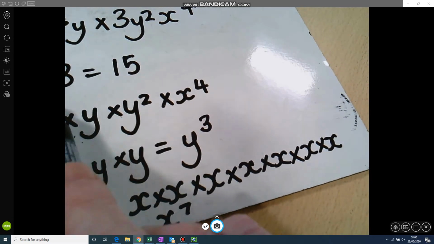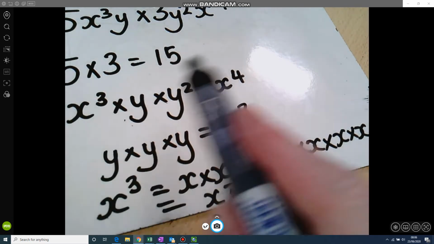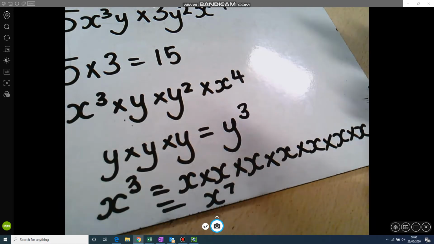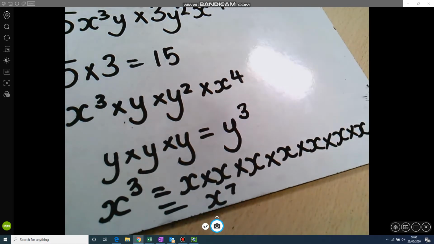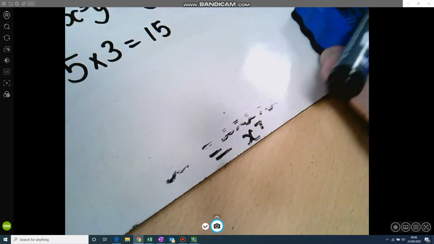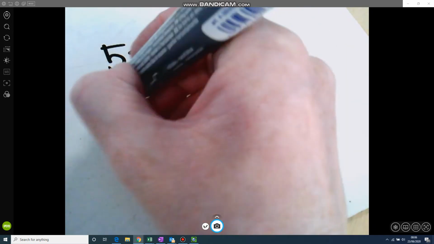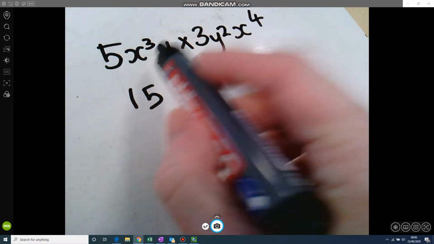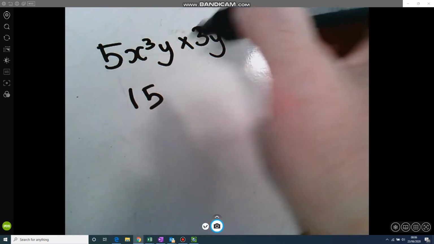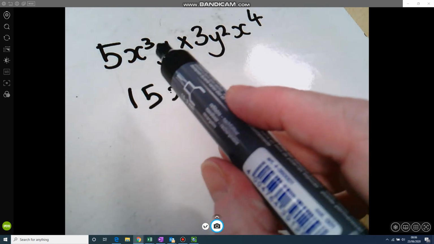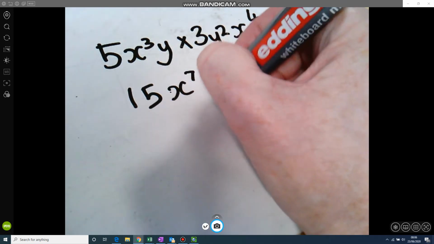And what you do here is add the indices. So we have 3 plus 4 gives us x to the power 7. So let's look at what we have now. So we have 5 times 3, which gives us 15. X to the power 3 times x to the power 4 is x to the power 7. And then y times y squared is y cubed.